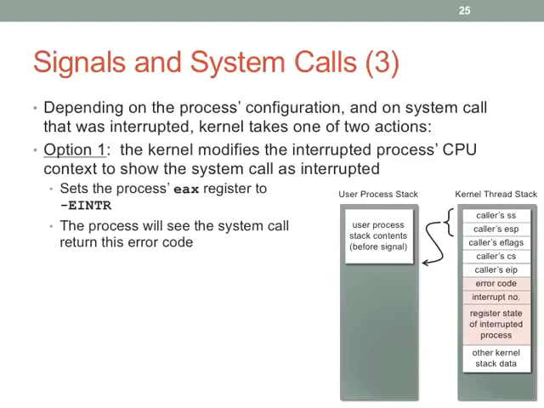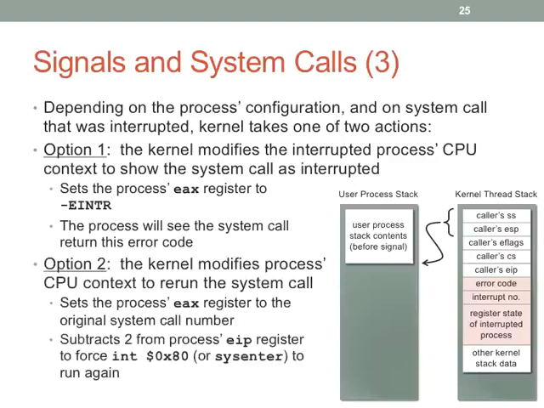All it needs to do is go back into the machine context of the interrupted process and write into EAX minus EINTR to say your process's system call was interrupted. So that when we return back from the kernel thread stack back to the user process, it'll say, oh, I got back EINTR, I need to retry. So that's one option.